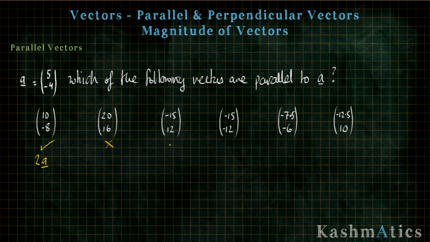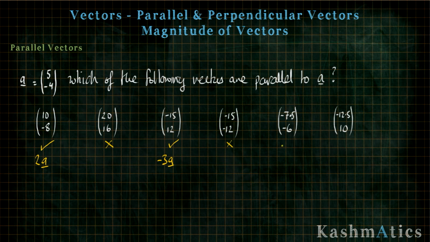Let's have a look at this next one. 5 times minus 3 is minus 15, and minus 4 times minus 3 does make 12. So that's fine, that's minus 3a. This one here, 5 times minus 3 is minus 15, but minus 4 times minus 3 would be 12, so that one isn't parallel.